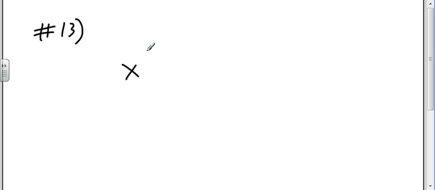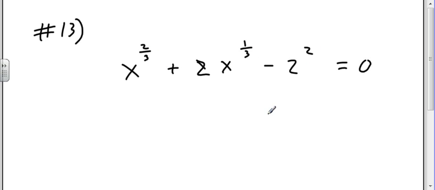X to the 2/3 plus 2 x to the 1/3 minus 2 cubed is equal to 0.